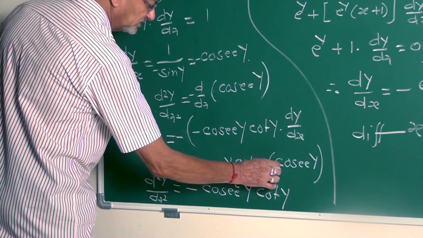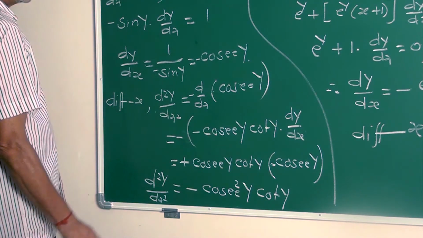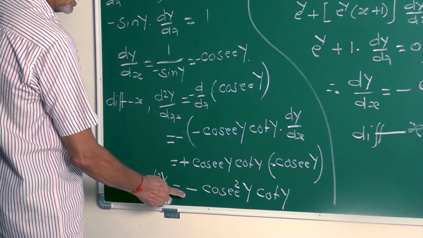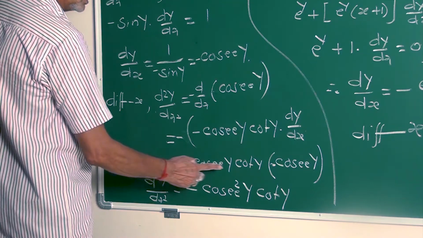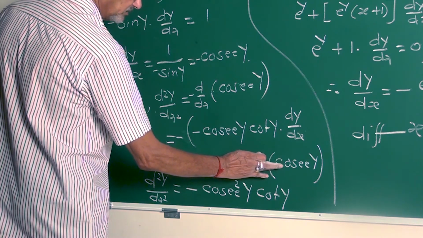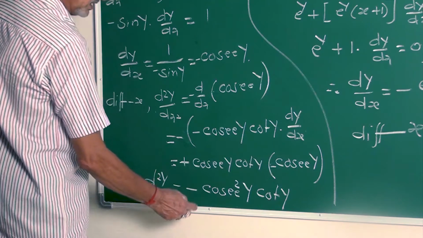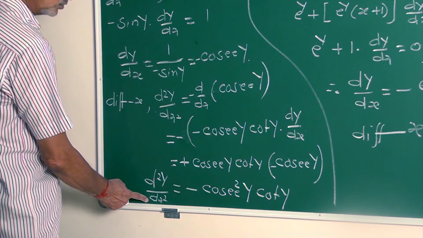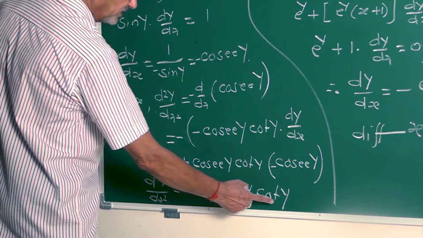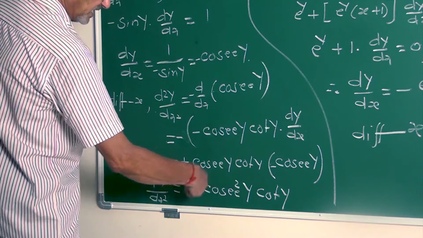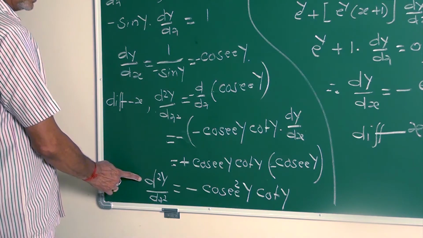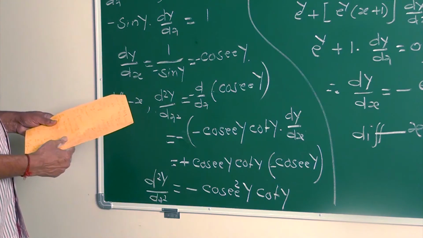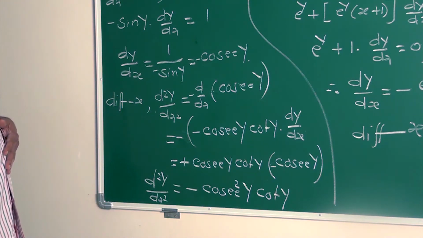So what is the answer then? Minus cosec into cosec, minus cosec square y into cot y. This is d2y by dx2 in terms of y, free from x, purely in terms of y. So the second derivative is minus cosec square y into cot y.